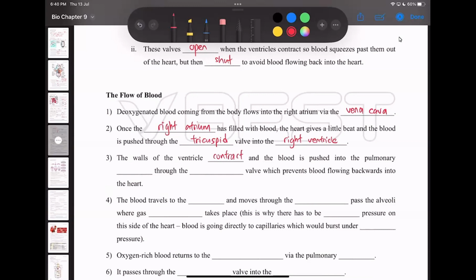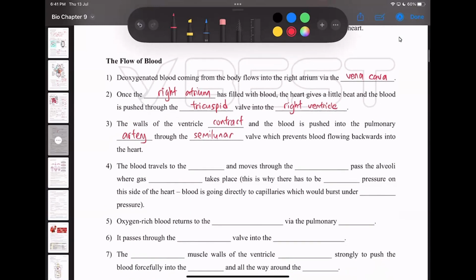And then the walls of the ventricle would contract so that the blood will be pushed into the pulmonary artery through the semilunar valve, which will prevent the blood flowing backwards into the heart.